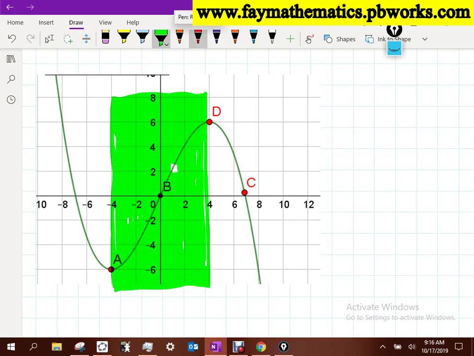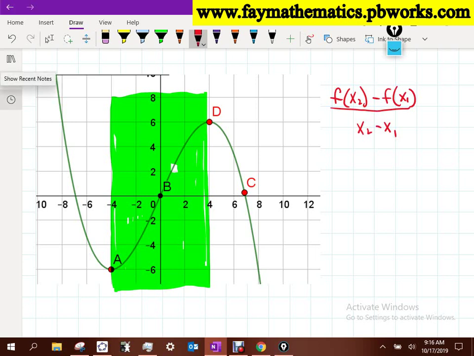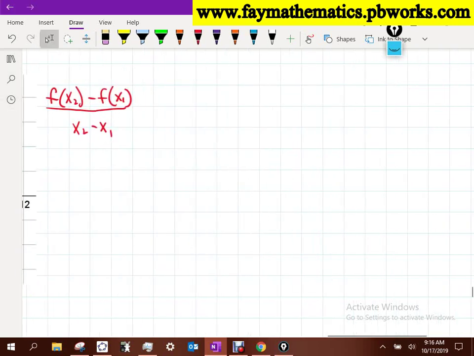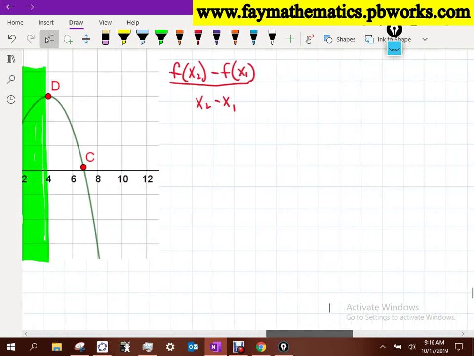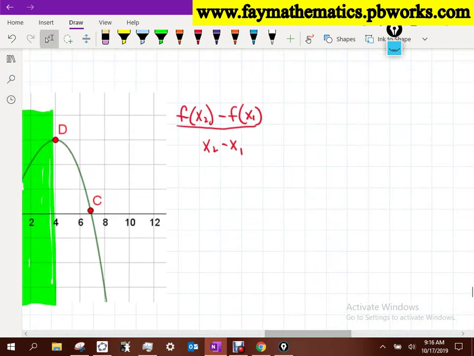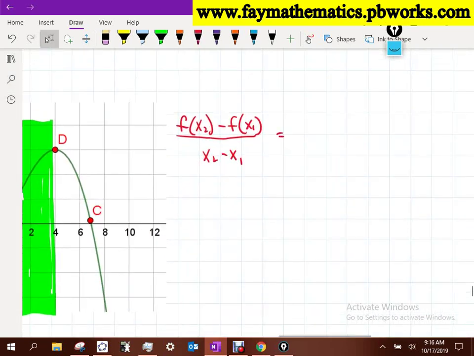Okay, so our average rate of change formula is this. It says f of x sub 2 minus f of x sub 1 all over x sub 2 minus x sub 1. If you remember, that is the same exact thing as, okay, this is a y value, right?